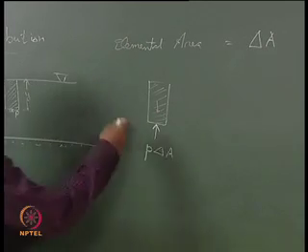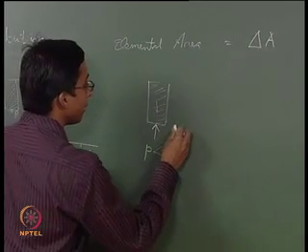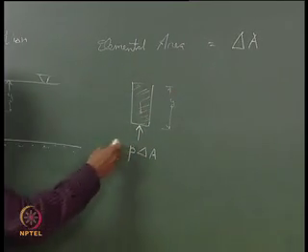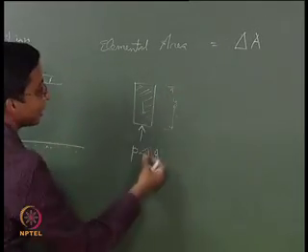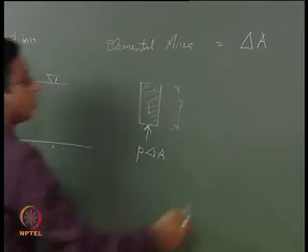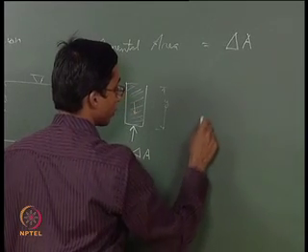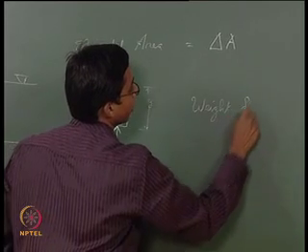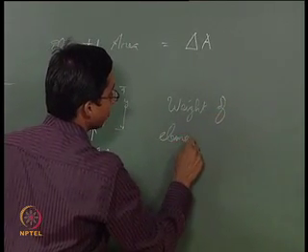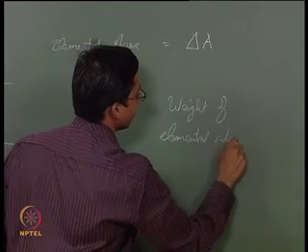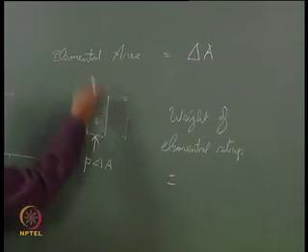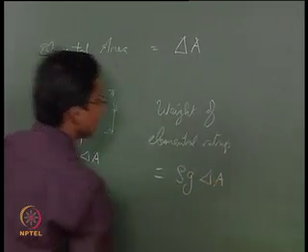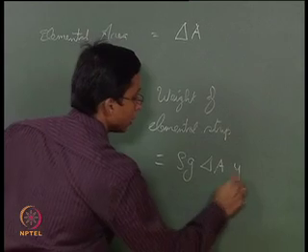This elemental strip has the depth y and the elemental area del A at the bottom. So the weight of the elemental strip is rho g del A into y.